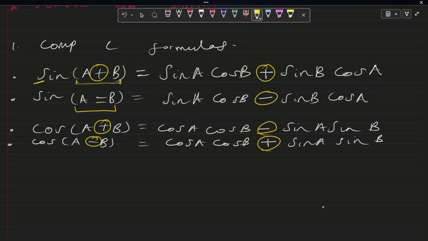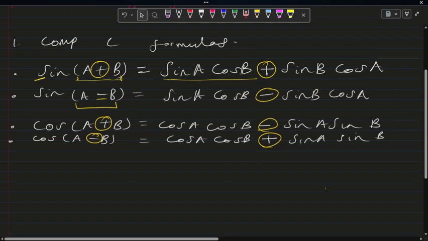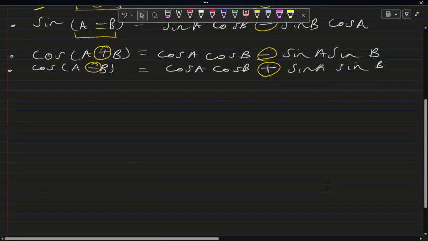And we can see the difference because here we had sine and then cos, but here we have cos cos, then sine sine. So these are the formulas for our compound angles, and then let's look at the formulas for double angles.